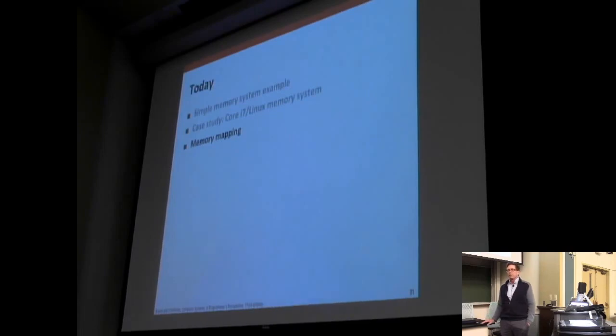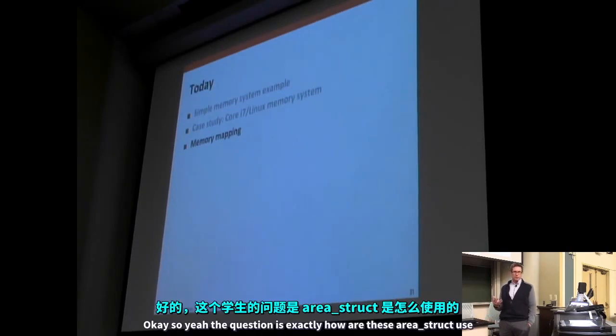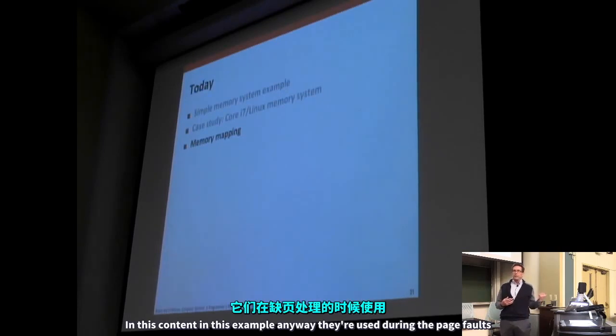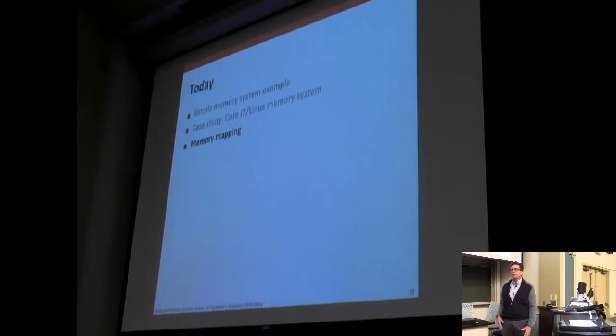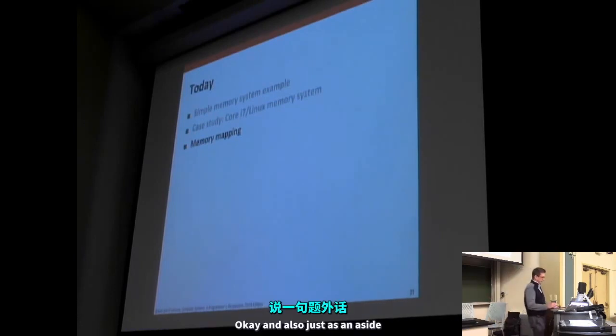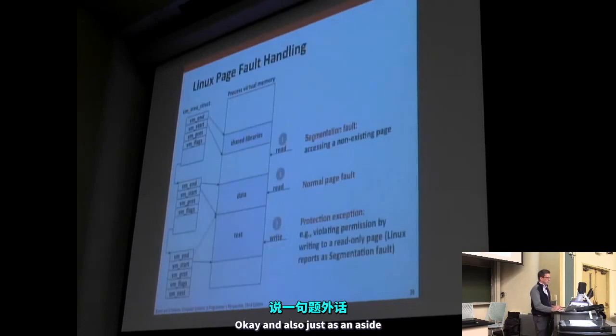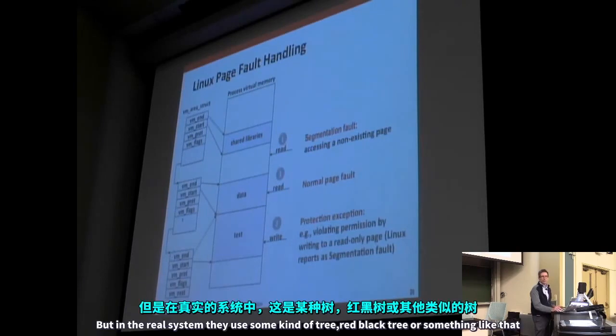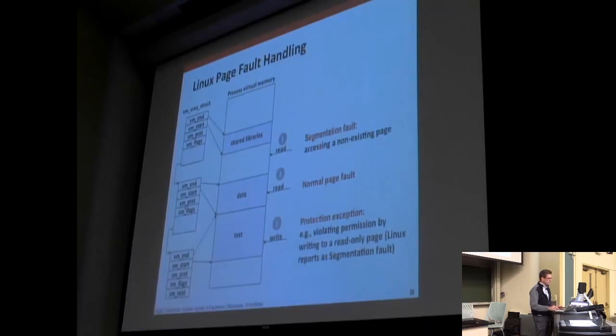So the question was exactly how are these area structs used, and they're used in this context, in this example anyway, during the page faults. Okay, and also just as an aside, I've shown these as lists, but in the real system they use some kind of tree, a red-black tree or something like that.